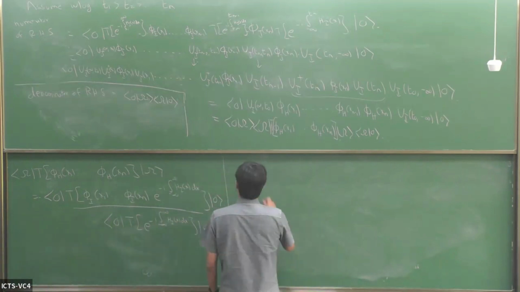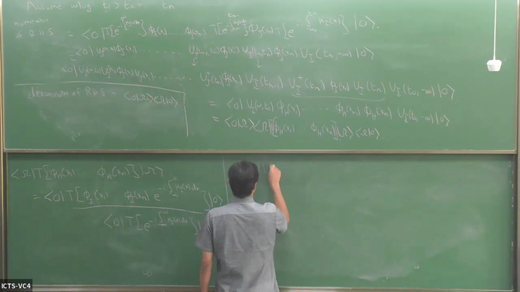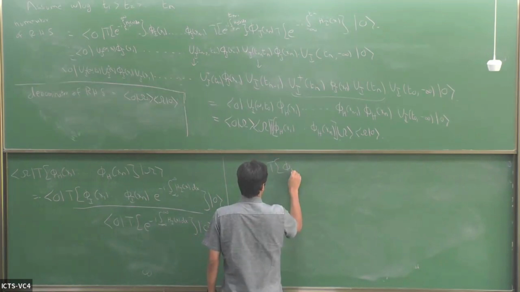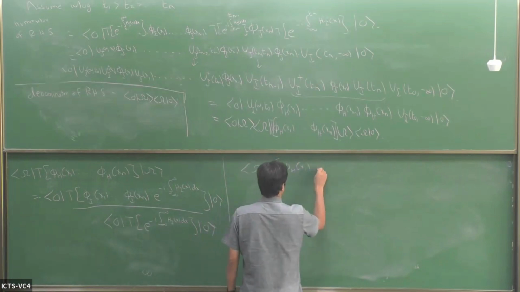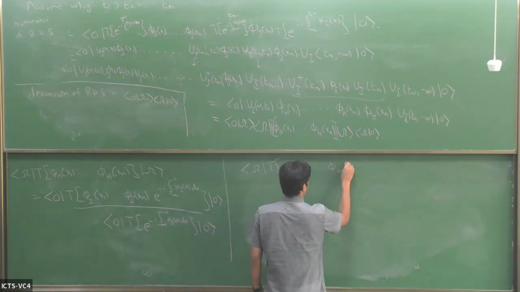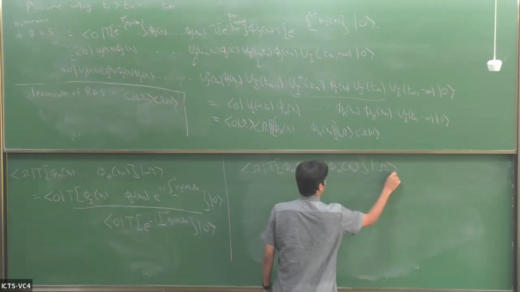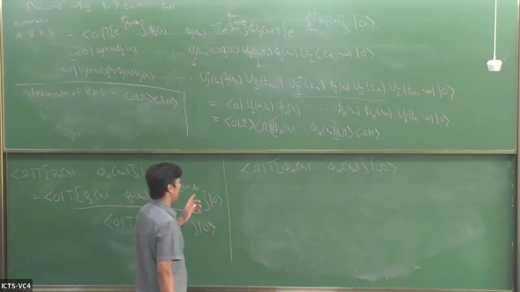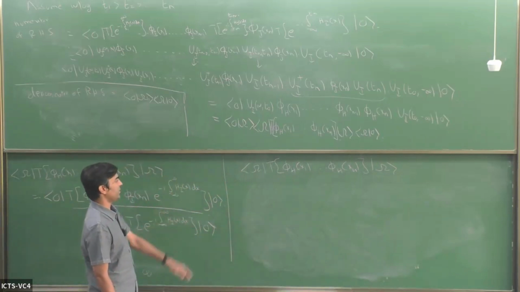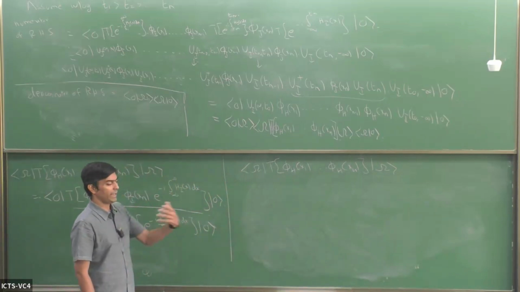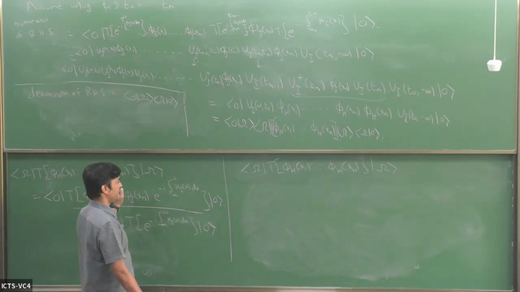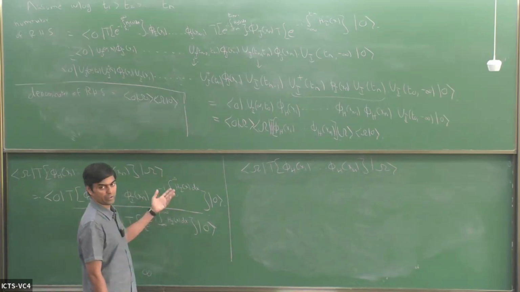Say we want to compute... and in the next class we'll see how, if you go to next order in lambda, this disconnected diagram that we have will go away. But first, let's just consider the first order term in lambda.